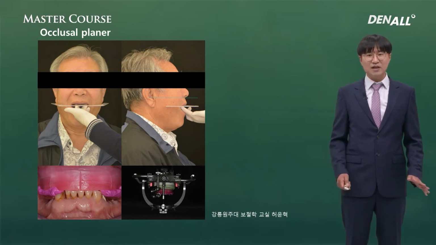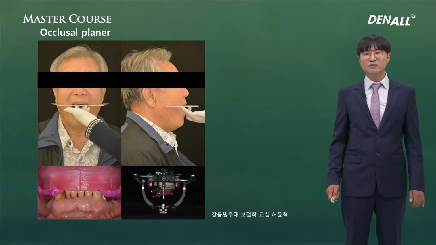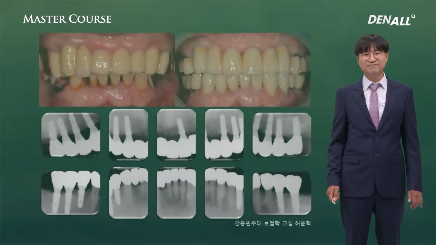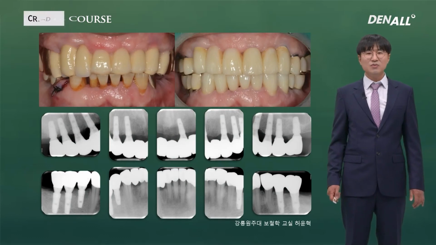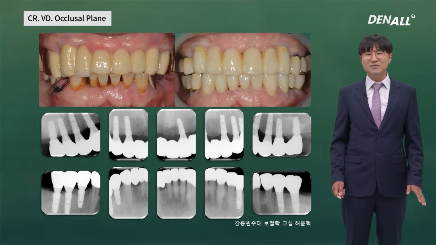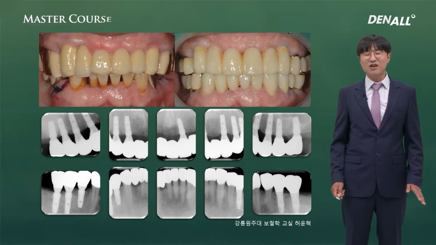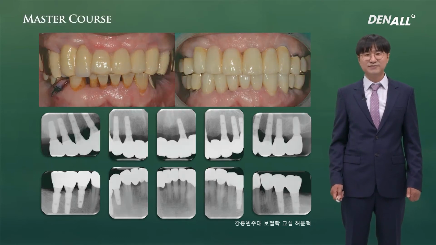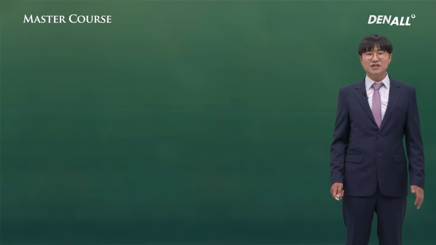Of course, we can use articulation paper, photos and the provisional replication, but the more information we provide to a lab, the better the outcome. We need to provide maximal patient information to a lab to obtain a more complete prosthesis in terms of aesthetics and function. This case is by courtesy of Professor Yoon-hyuk Ho of Gangneung Wonju University.